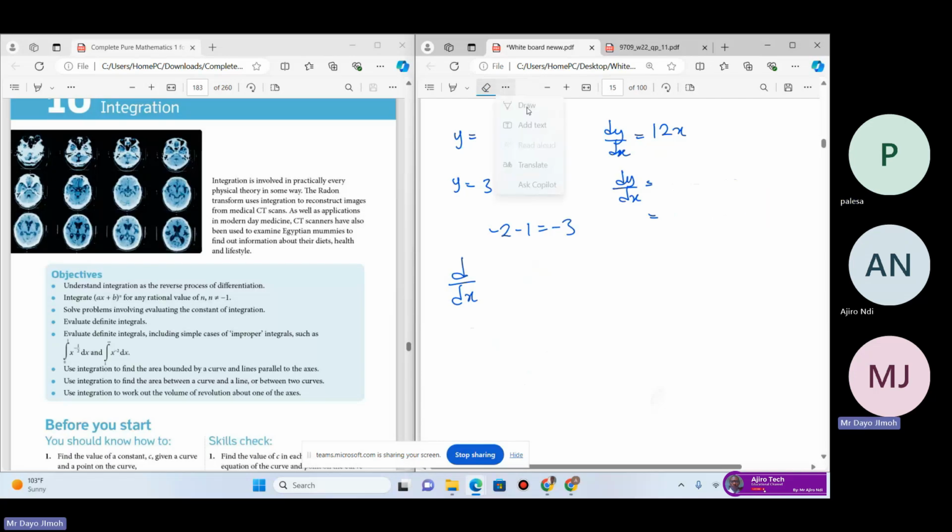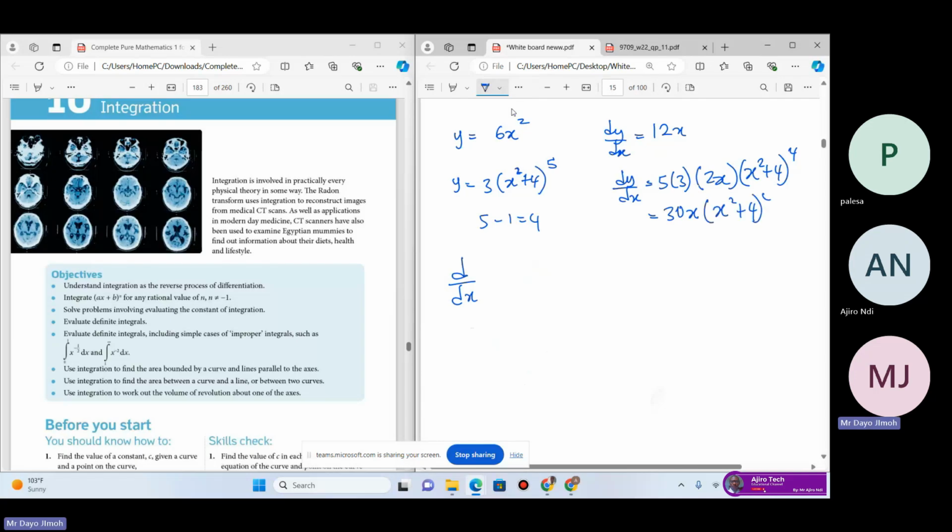It becomes 5 times 3 multiplied by the bracket derivative, which is 2x, multiplied by the bracket x squared plus 4 raised to the power, in this case, 5 minus 1, right? Yes, 4. So raised to the power 4. Our final answer will now be 30x into x squared plus 4 raised to the power 4.